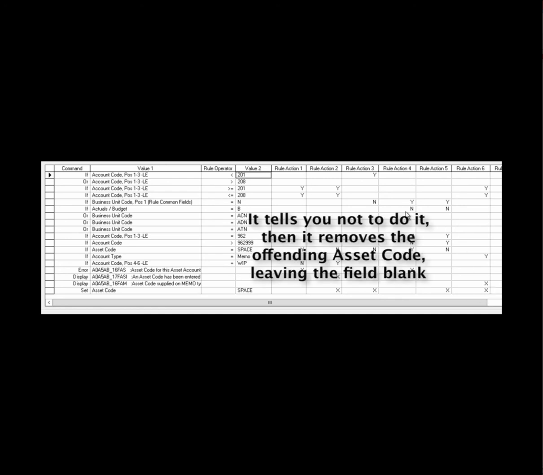We won't drill down on it real hard since I don't know exactly how the NGO is set up. This column 6, rule 6: it is an asset account. It is a memo account. It is saying do not put an asset code on a memo account, and it tells you not to do it, and so those are the business rules, and those are conditional statements.